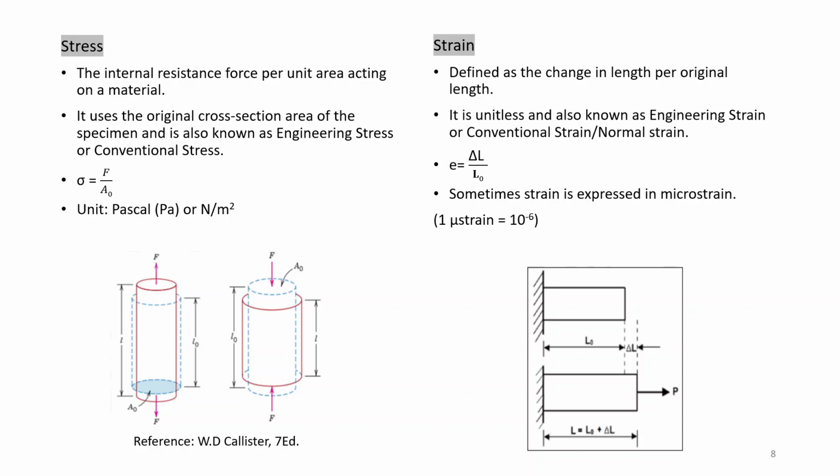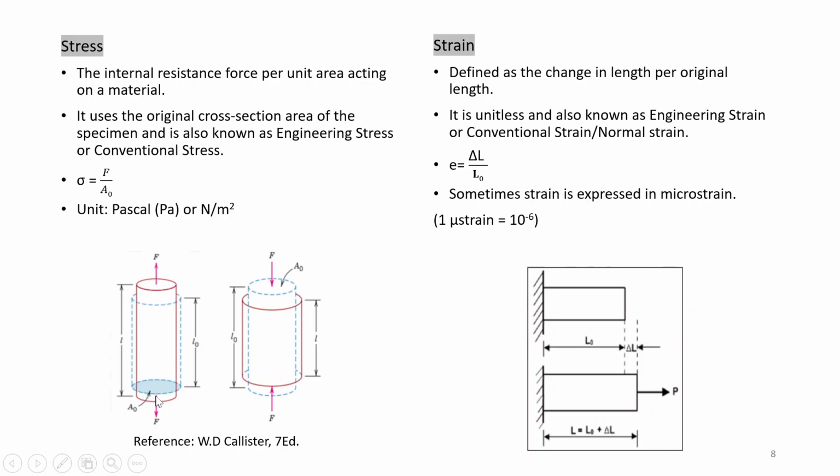So sigma equals F upon A naught. F is the force that you are applying and A naught is the initial cross section area. Force has unit of newtons, area is meter square, so the unit is Newton per meter square, or you can say Pascal or megapascal.